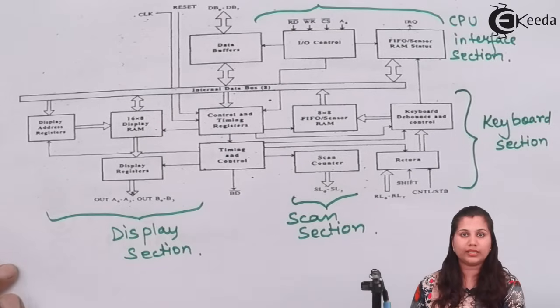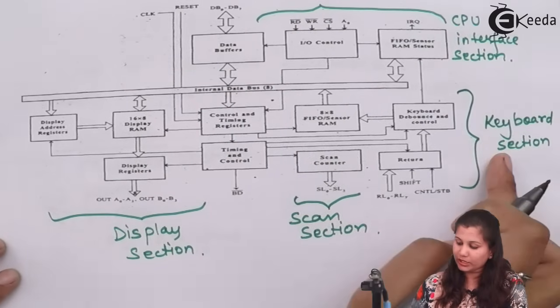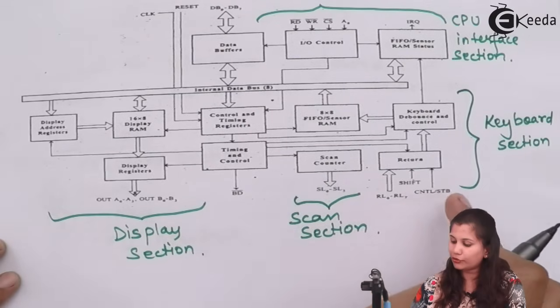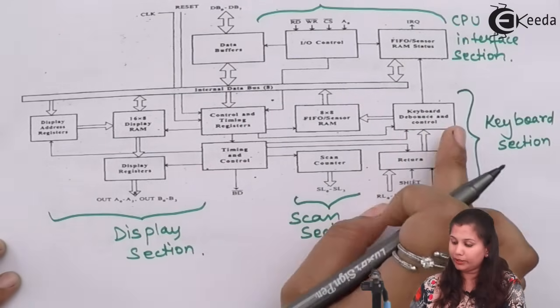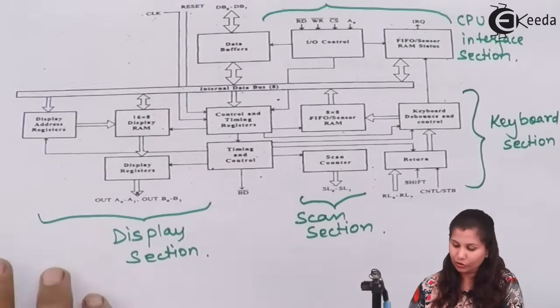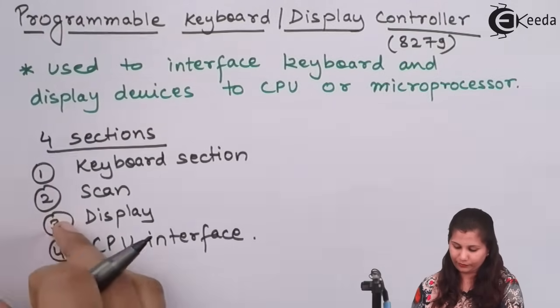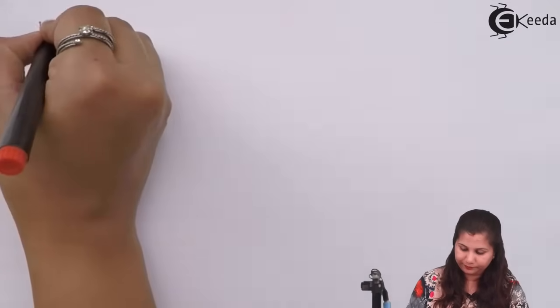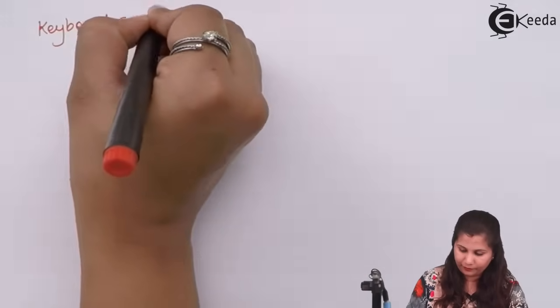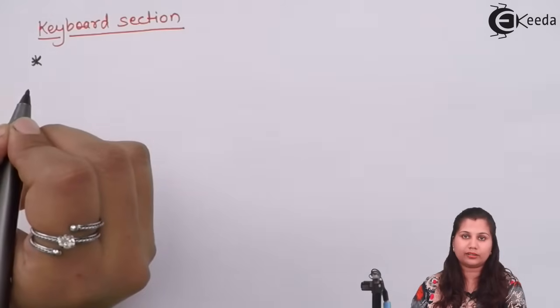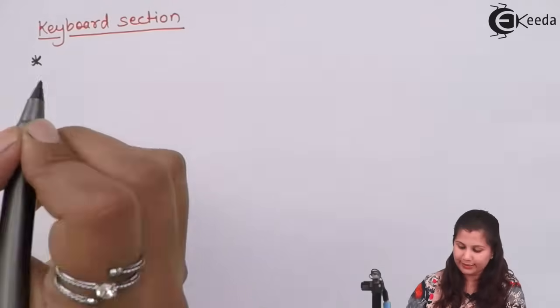First, we will start with the keyboard section. In the keyboard section, you can see we have the return lines RL0 to RL7, shift, control, and the keyboard debounce and control unit. This section consists of the 8 return lines RL0 to RL7.